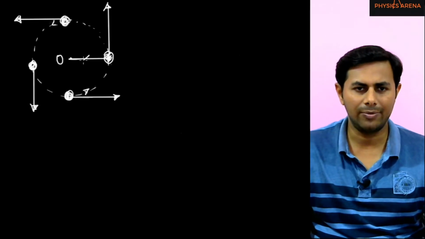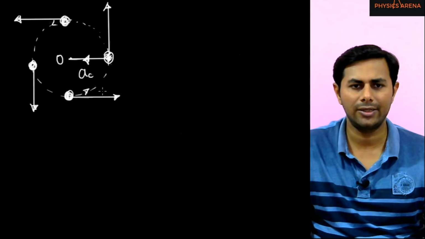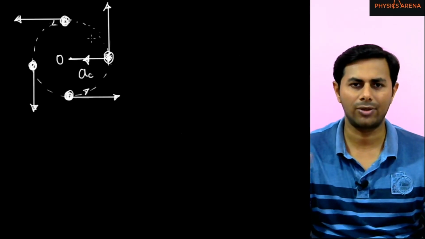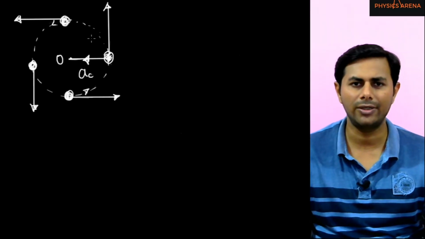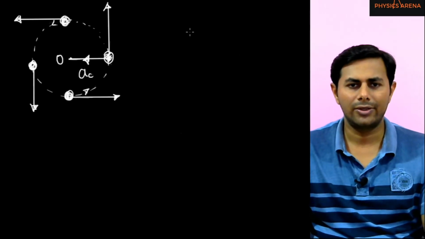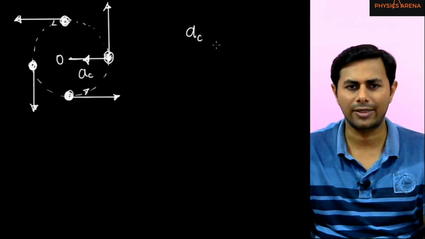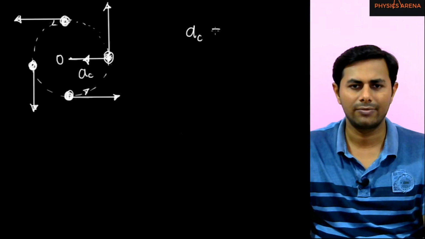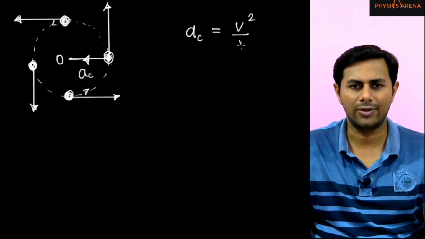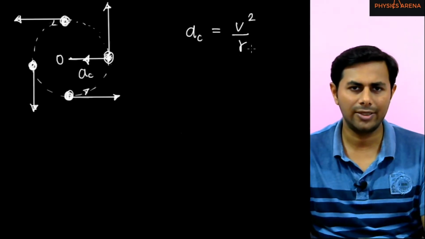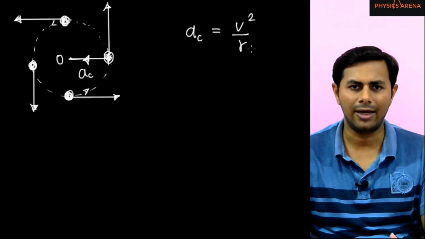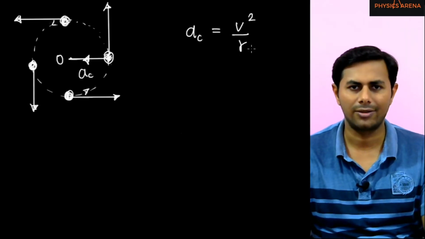It's the centripetal acceleration acting on this object which is changing the direction of its velocity at each and every point. We know the magnitude of centripetal acceleration from previous lectures is v squared over r, where v is the speed of the particle and r is the radius of the circle.